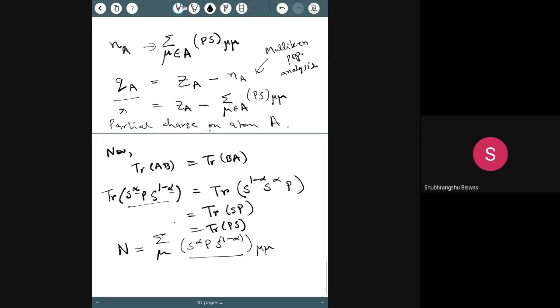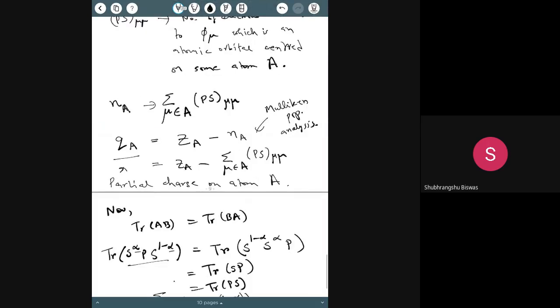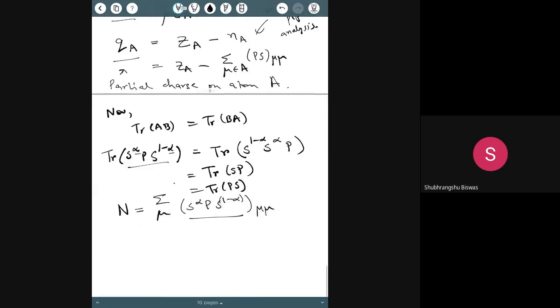So this can also be interpreted as some quantity which tells me the number of electrons belonging to atomic orbital phi mu. It can be anything. And in fact, people did realize it could be anything. And another sort of population analysis was done where alpha is chosen to be half.